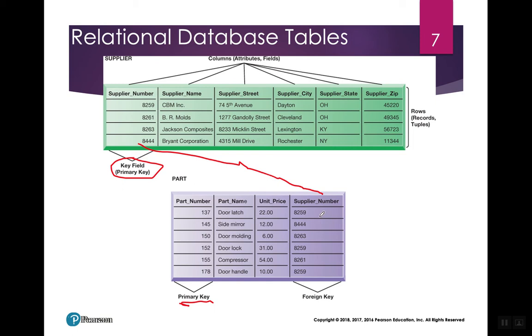So what I can do is I can read this table, and I can say 8259, which is our first supplier here, and say, all right, show me all parts we buy from 8259. What we can do is we can follow this path, and we can say, okay, well, this one, and this one, and this one.